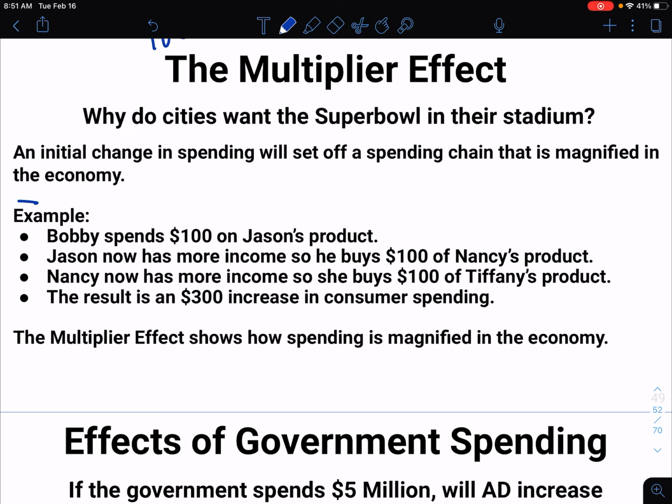So we've talked about this example before, where Bobby spends money and then his spending becomes Jason's income, becomes Nancy's income, and et cetera, et cetera. So our increase in consumer spending is much more than the original change of 100. In this example, it's 300, but of course that assumes that Nancy doesn't spend anything after this, okay?